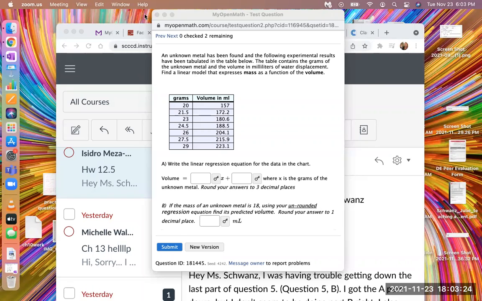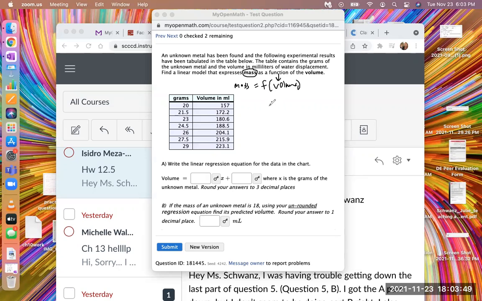They tell you a linear model that expresses the mass as a function of volume. So that means they want the mass equals a function, and the input into that function is volume.